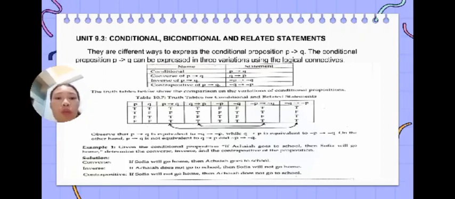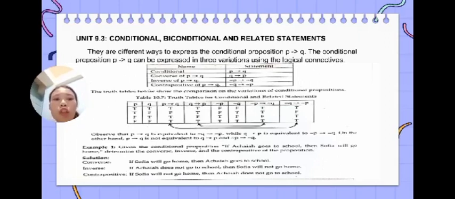There are different ways to express the conditional proposition P then Q. The conditional proposition P then Q can be expressed in three variations using the logical connectives.